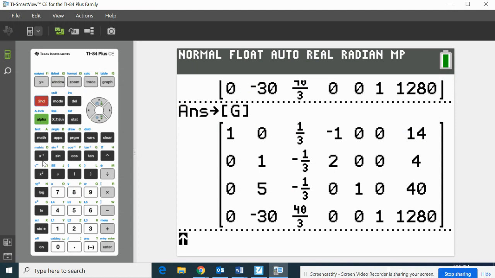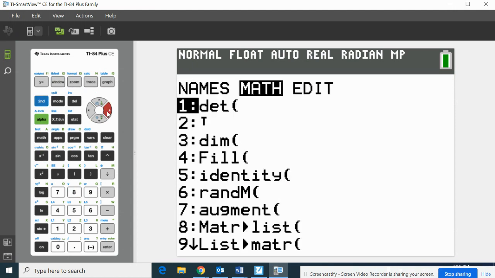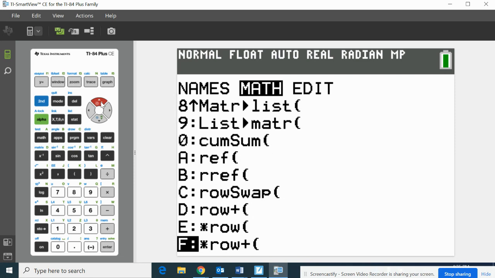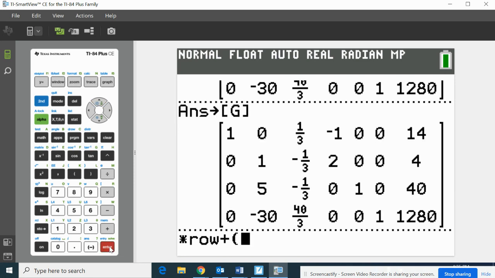So second matrix, arrow to math. I need letter F, star row plus. I'm doing negative 5, comma, matrix G. Second matrix, number 7, comma. I'm using pivot row 2, and I'm adding this to row 3.